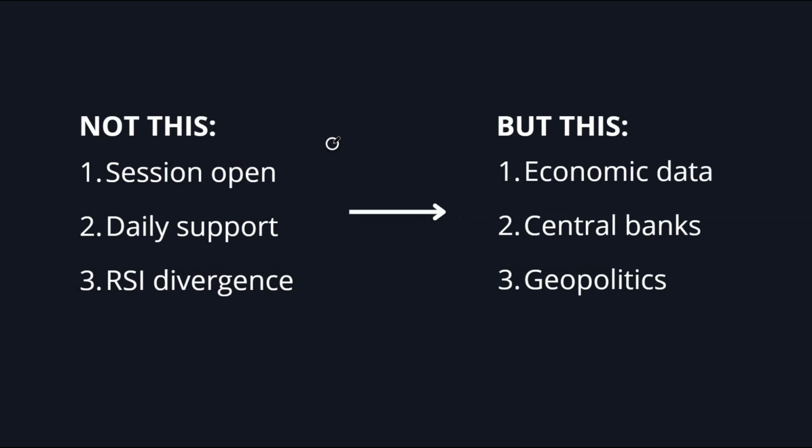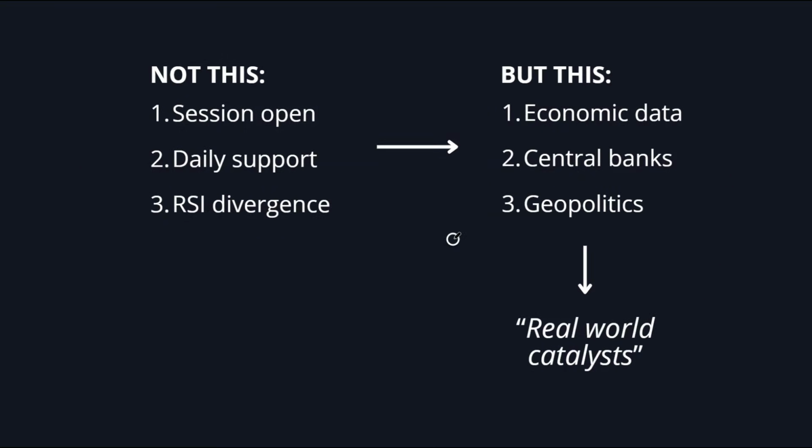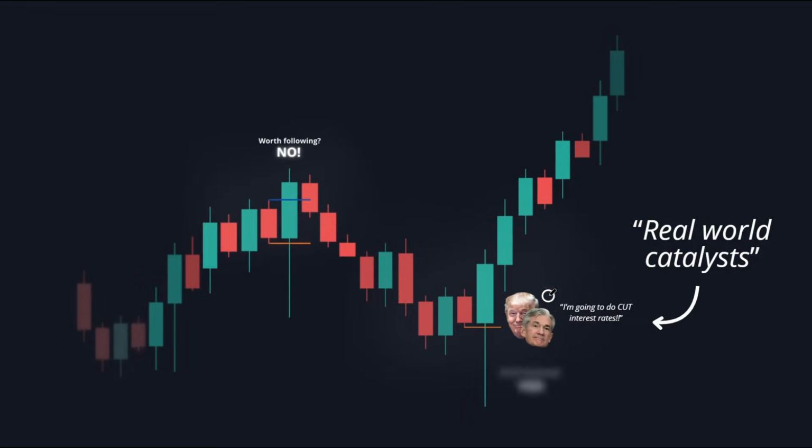I'm talking about information that changes expectations or valuations, like high impact economic data, CPI, NFP, whatever, central bank decisions and guidance, geopolitical developments. In short, something that gives big funds a real reason to act. That's when a candlestick pattern becomes a real footprint, okay?